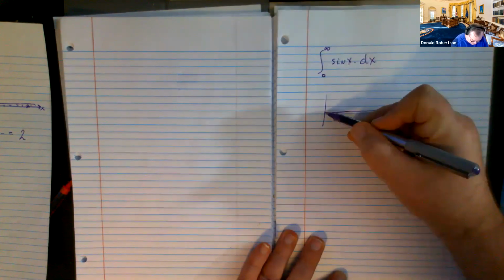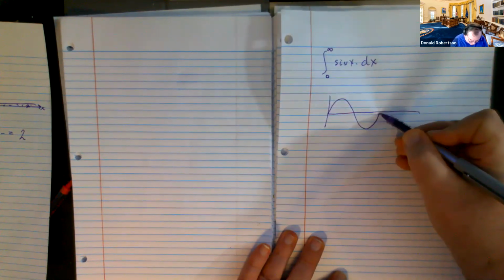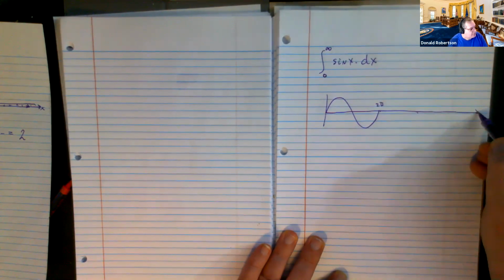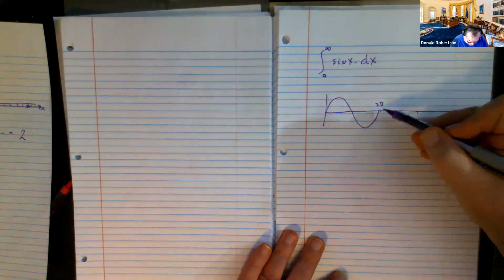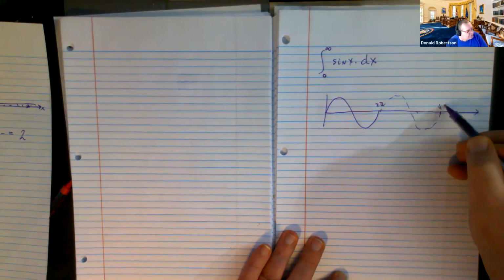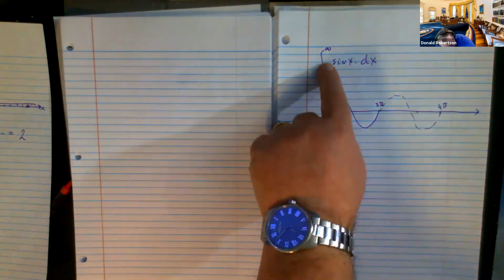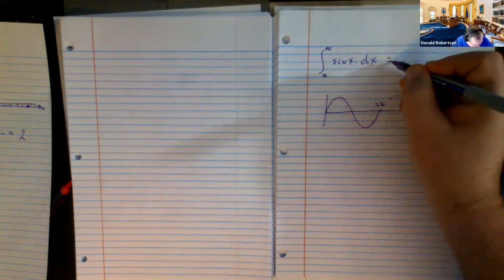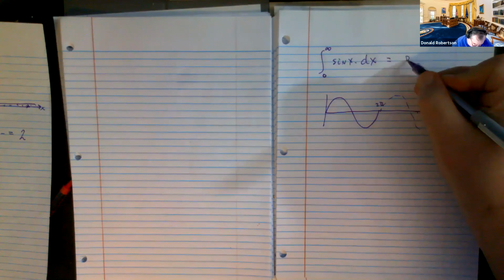Would you agree that that's what sine x looks like, at least if you go to 2 pi? And if you wanted to travel a little bit further, that would be where 4 pi is, right? If you kept on going to infinity, this fella here is divergent.